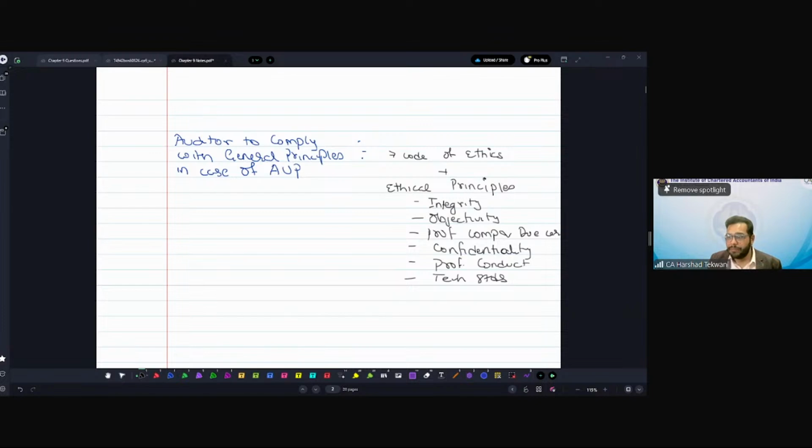Now the question is, there is one particular principle which I have not written over here. Can anyone tell me which principle is missing over here? Yes.